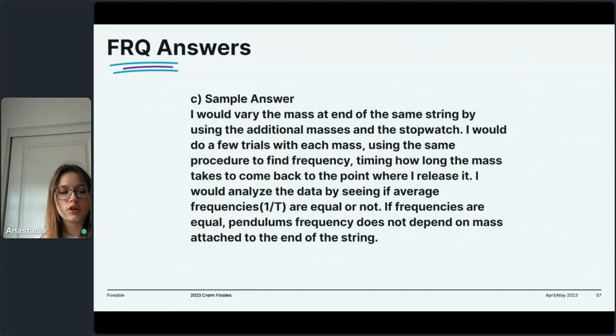A pendulum with a longer string will have a lower frequency, while a shorter string will have a higher frequency. So that's why you would want to take additional masses and our stopwatch. This is one of the ways you can conduct the experiment.